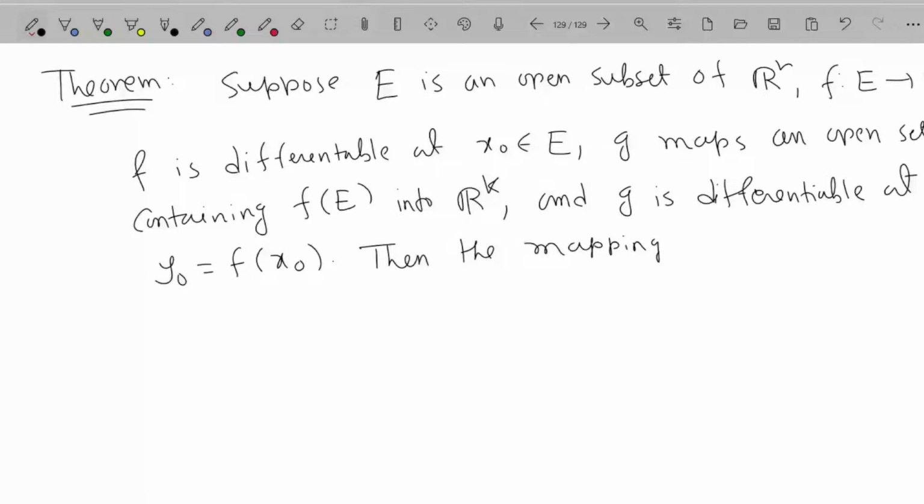First let me write: then the mapping from E into Rk is differentiable at x naught, and so, well, let me write down the mapping defined by this.